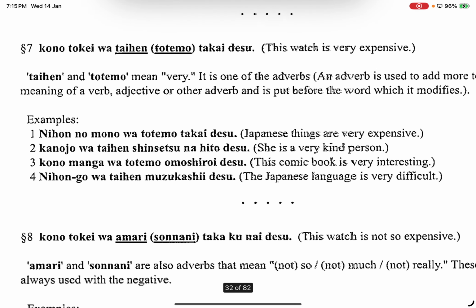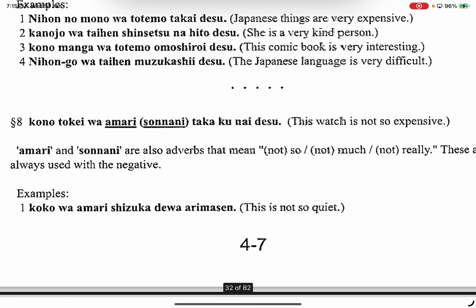Next, we also learn adverbs like amari and sonnani, which is like not so something. That means not so rich, not so expensive, not so cheap. So this is amari and sonnani.